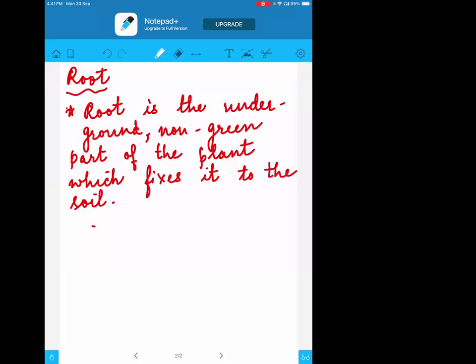And a very important thing is roots grow away from the light source. So you might have seen, whichever direction the light is coming from, the root will always go opposite from that source.